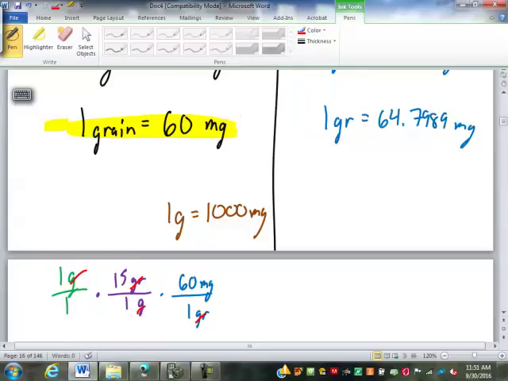If I multiply across here, 1 times 15 times 60 is 900. I just converted 1 gram into 900 milligrams. That's not accurate. To me, that's a 10% error. You're going from 1,000 to 900. But they've chosen to round off the grains like that to make it fit in easier.